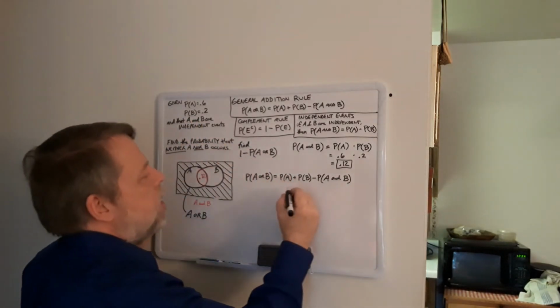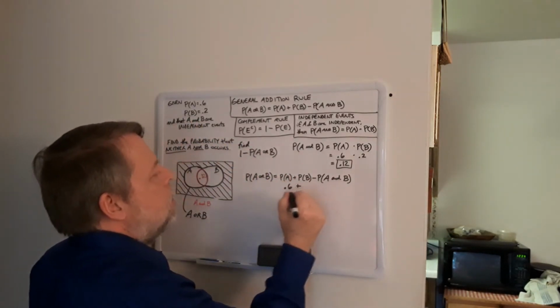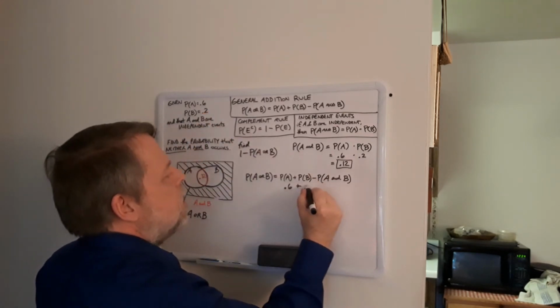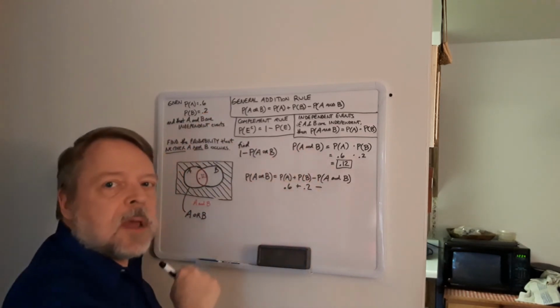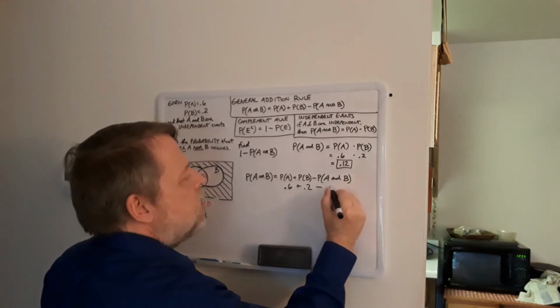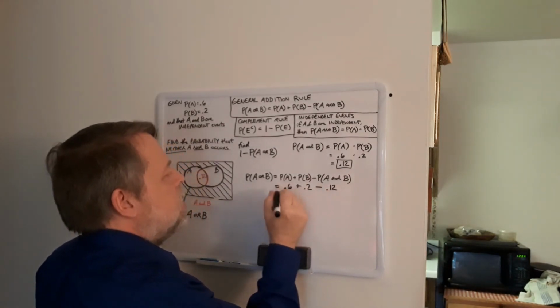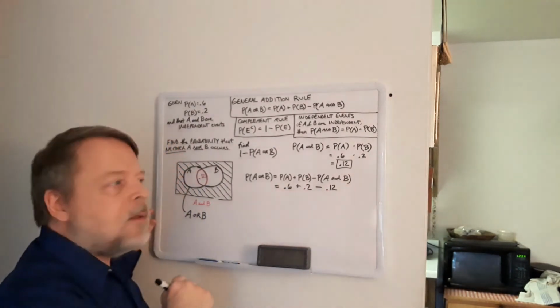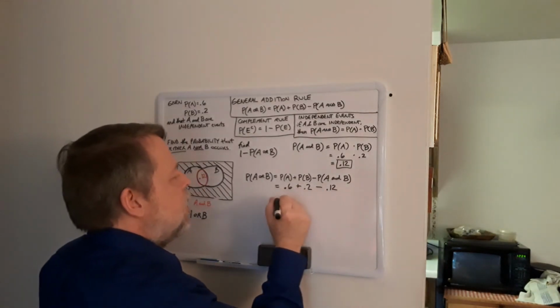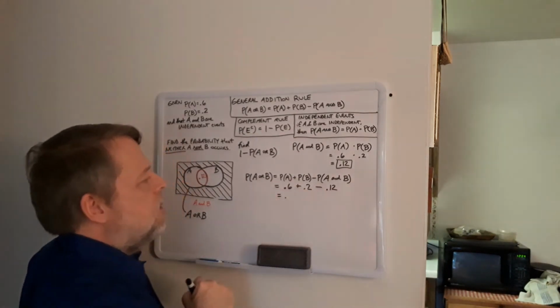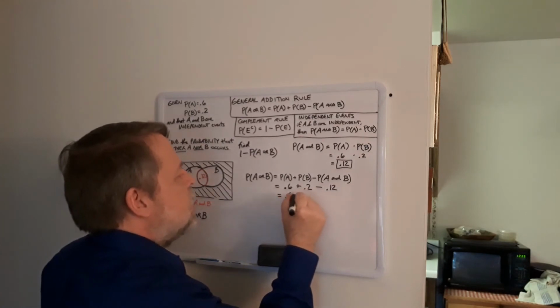We have A is 0.6 plus B is 0.2 minus what we found a second ago, which was 0.12. So 0.6 and 0.2 is 0.8, minus 0.12. That will give us 0.68.